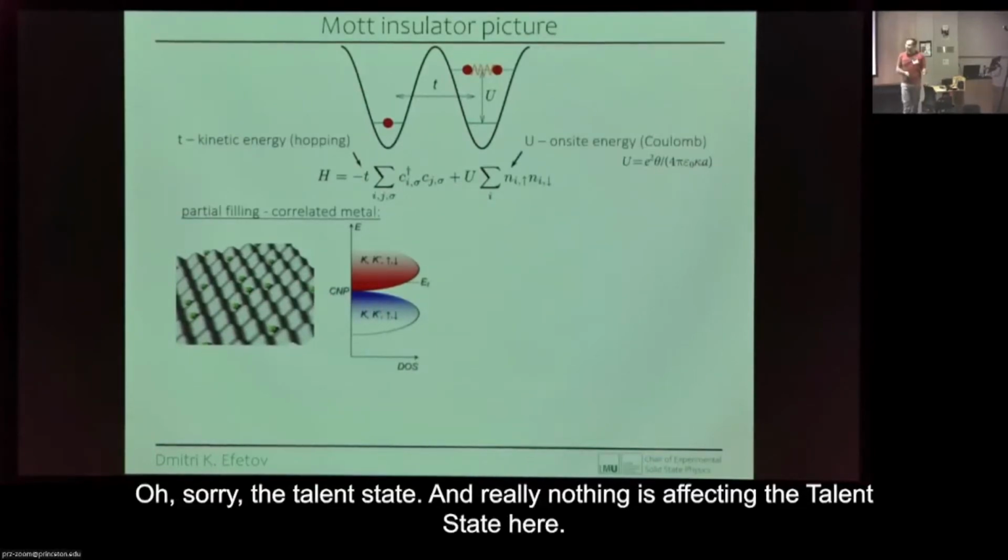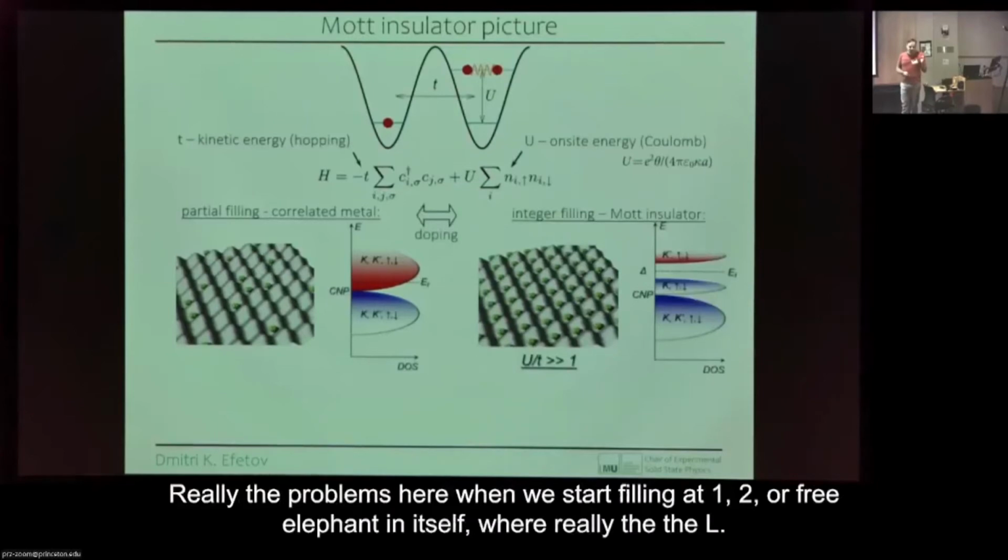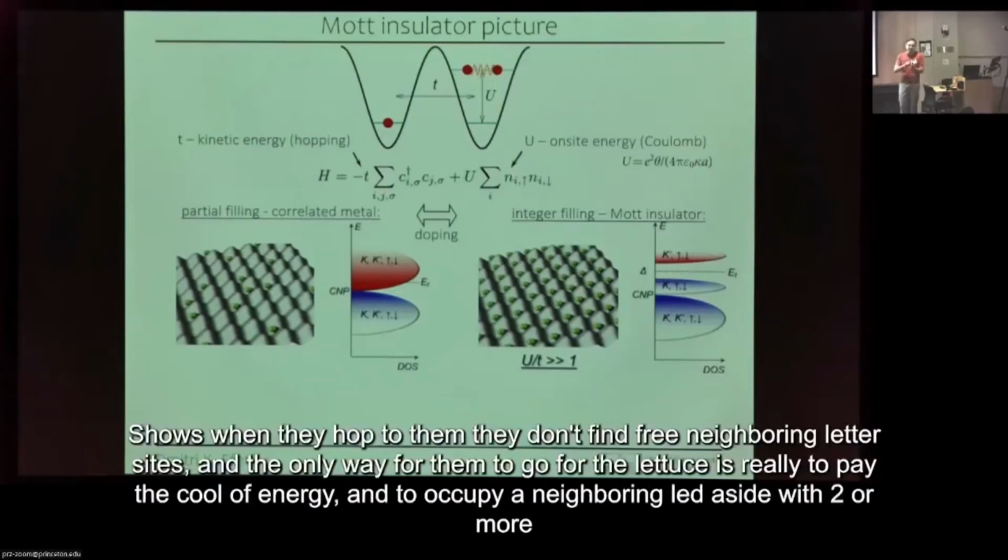Really, the problems occur when we start filling at 1, 2, or 3 electrons per unit cell, where the electrons, when they hop, don't find free neighboring lattice sites, and the only way for them to go through the lattice is to pay the Coulomb energy and occupy a neighboring lattice site with two or more electrons. And this is when these Mott insulators appear.